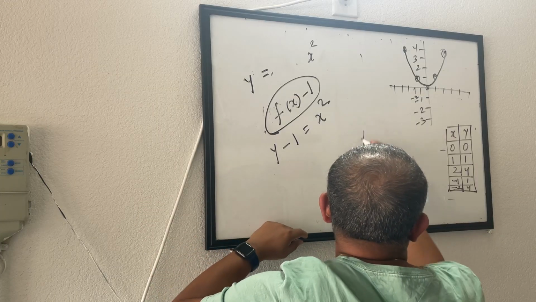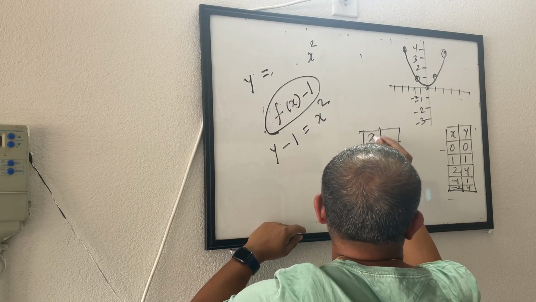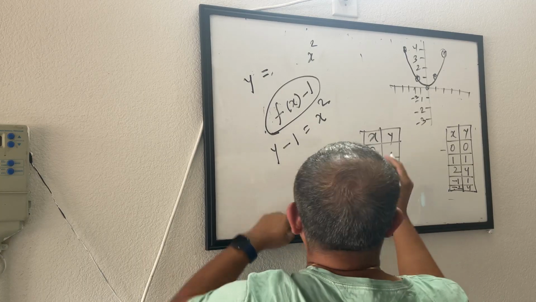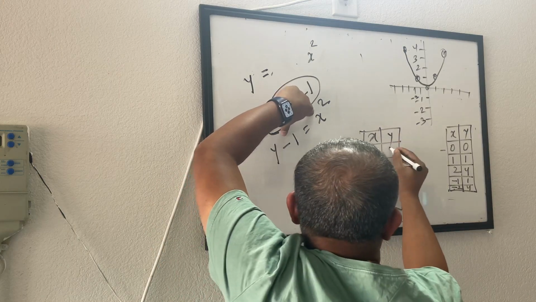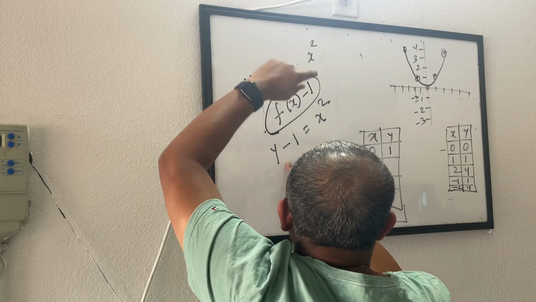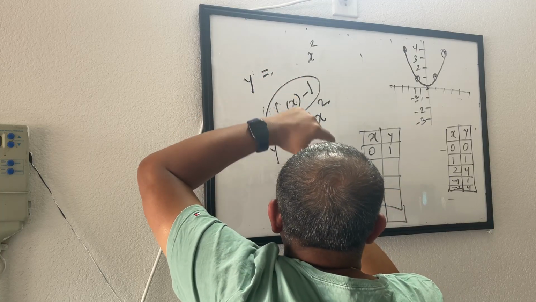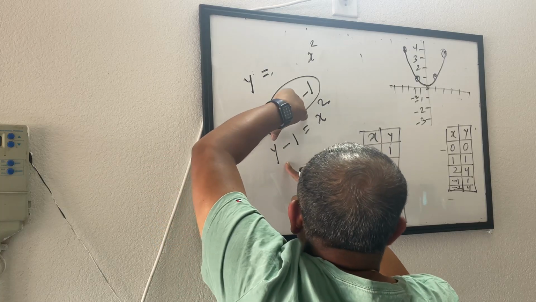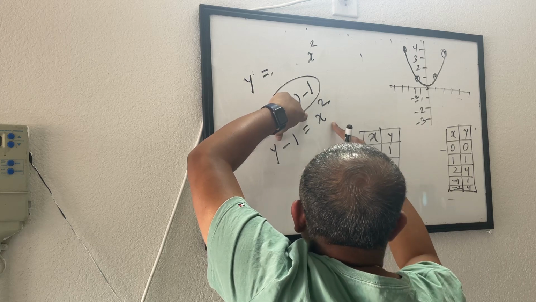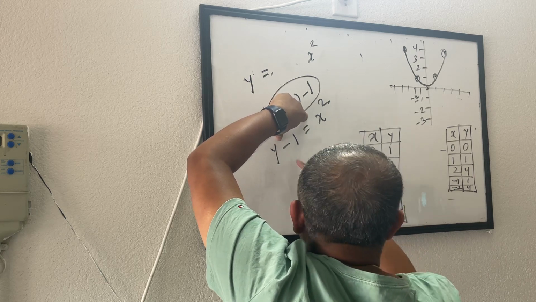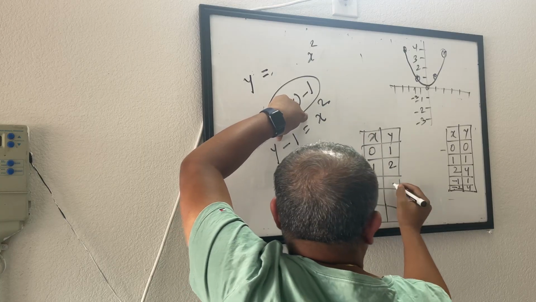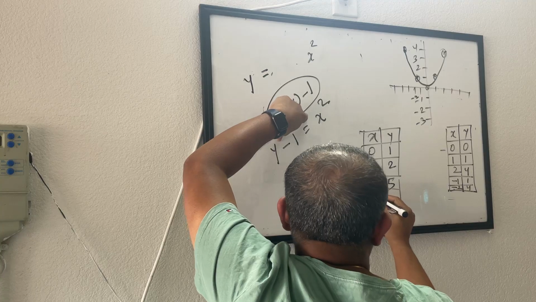So here, let's put some values x, y. When x is 0, y is 1. When x is 1, y is 2. When x is 2, it goes to the side, it gets added, so it becomes 4 plus 1, 5.